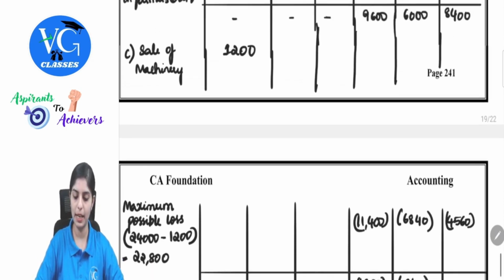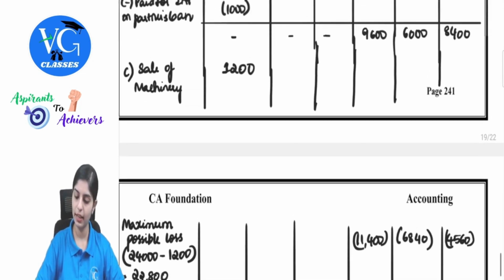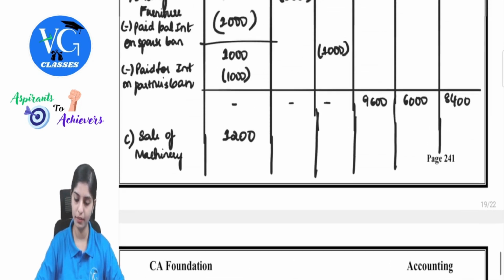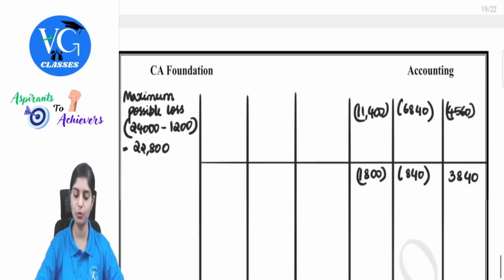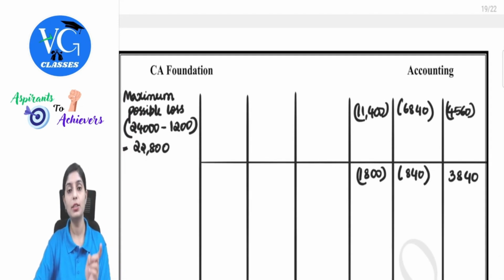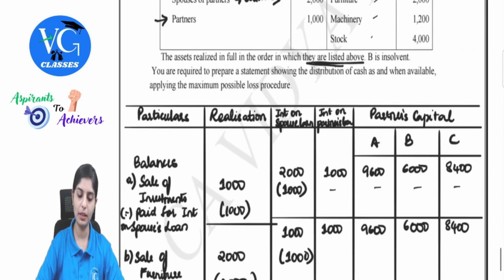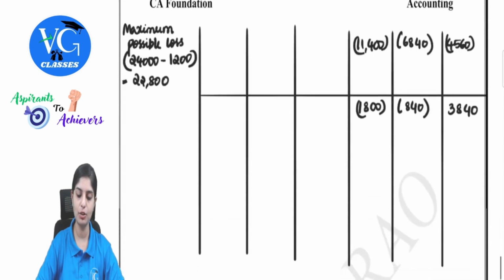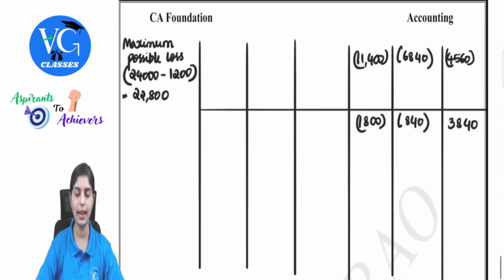Now, if you remember, applying the provisions of Garner versus Murray's rule, what does the provision say? Capital balances which turn out to be debit, that is negative, should be borne by the solvent partners in their capital ratio. Both capital balances of A and B are showing negative, so this will be borne by the solvent partner C: 3,840.